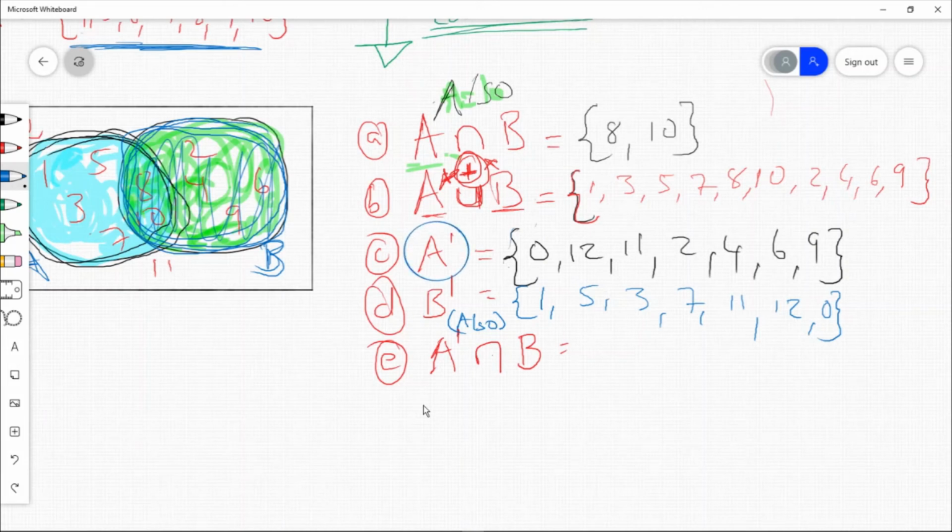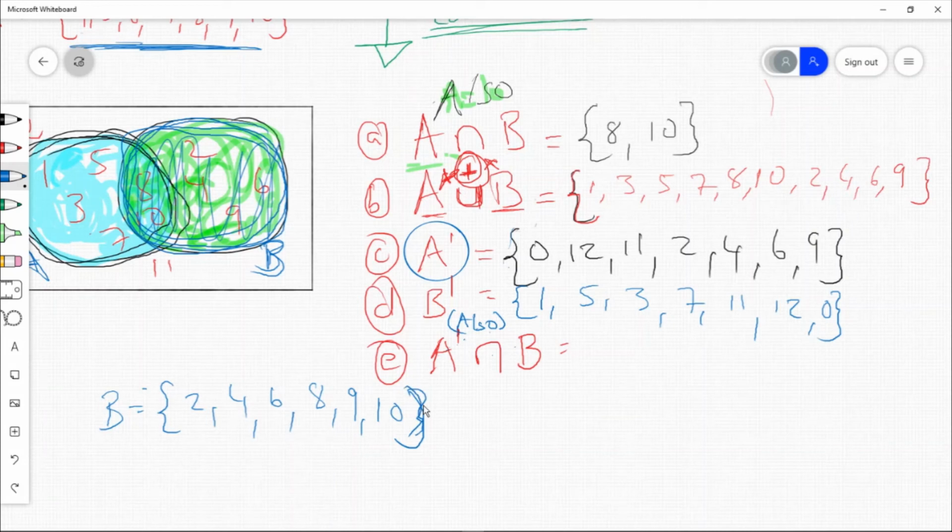And that is A naught and also in B. So remember, I'm just going to make a side note here. Elements that are in B are 2, 4, 6, 8, 9, and 10. Those are elements that are in B.